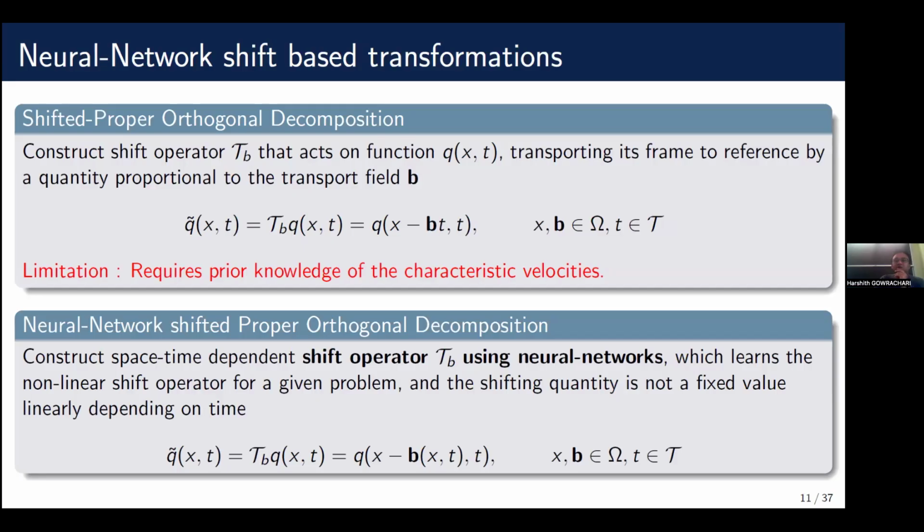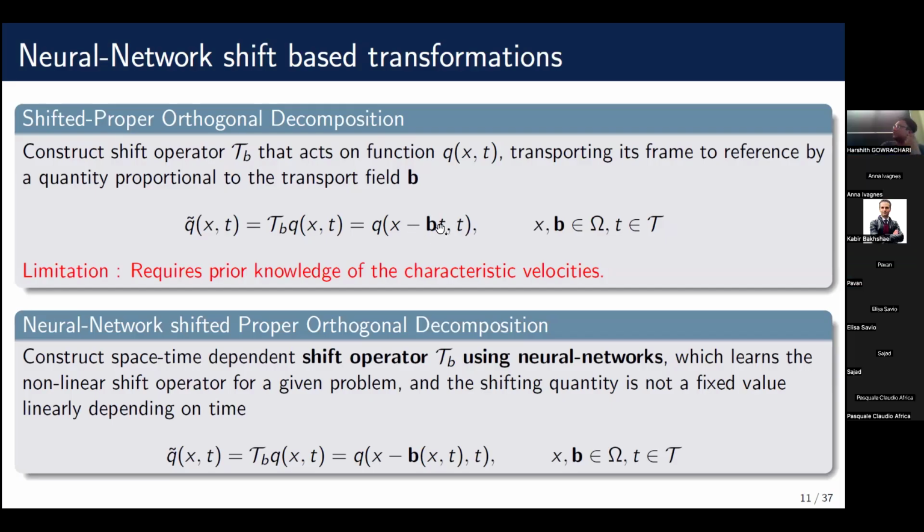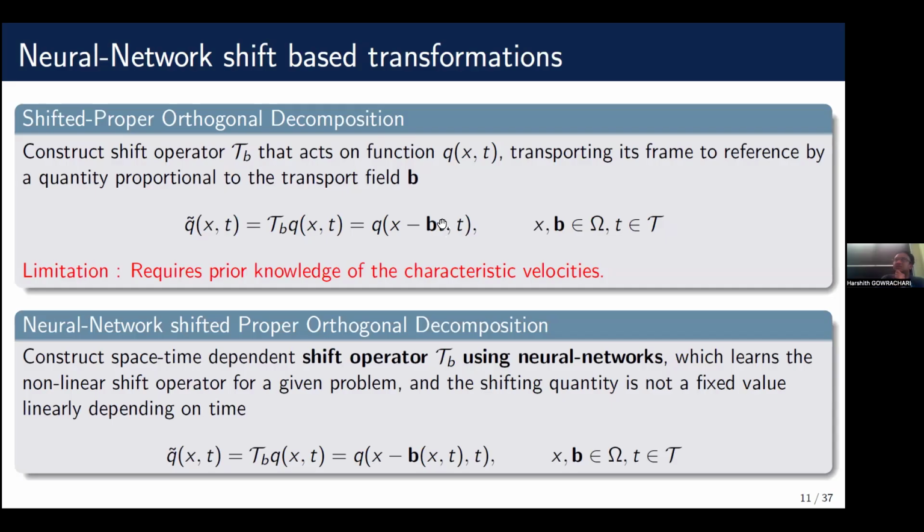In shifted POD, you do this by shifting the space by a quantity bt, where b is basically an advection velocity at which your field moves. For this methodology, you need to know this advection velocity a priori. This is one of the main limitations.